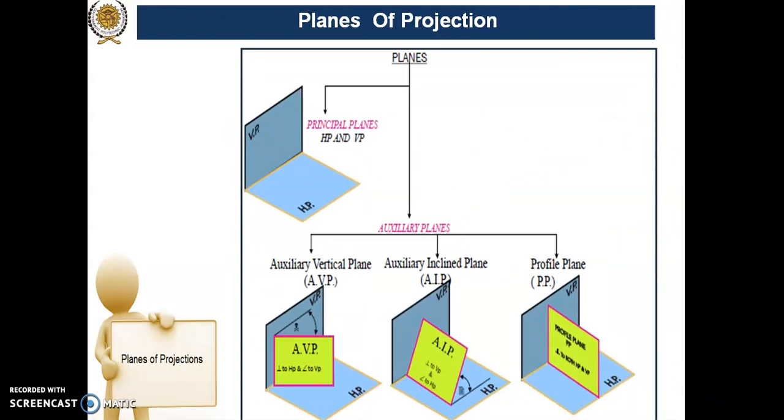These are the different planes of projection you can see over here. The principal planes are the vertical plane and the horizontal plane, and the other is the auxiliary plane.